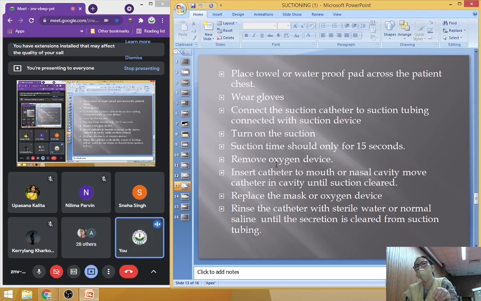You dip the catheter in the bowl and suck it, and then the catheter will be clear again, because the secretion goes inside with the distilled water. Then again you give oxygenation to the patient, remove the oxygen again, and put the catheter in the same manner. Like that we have to continue till the secretion is clear.